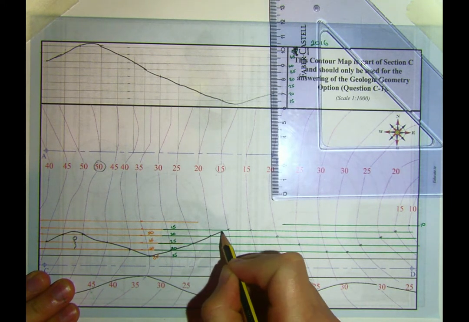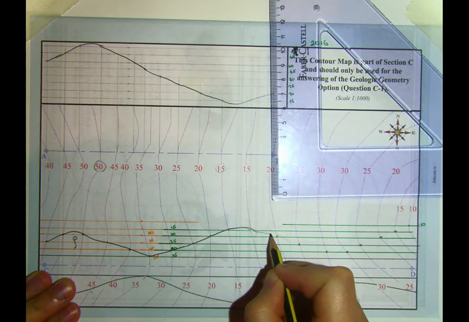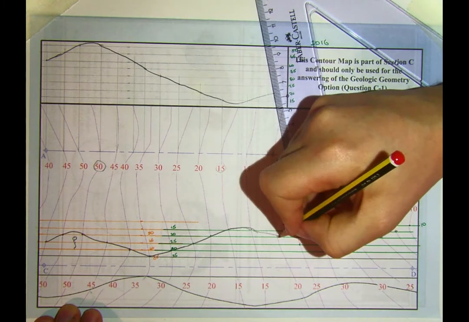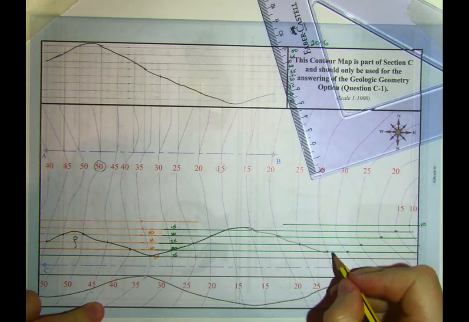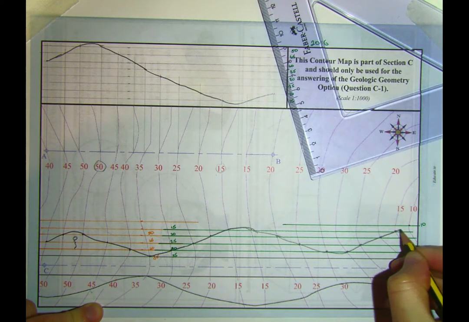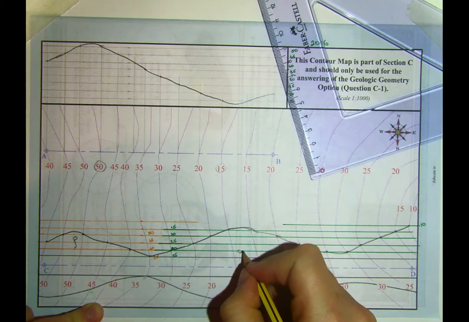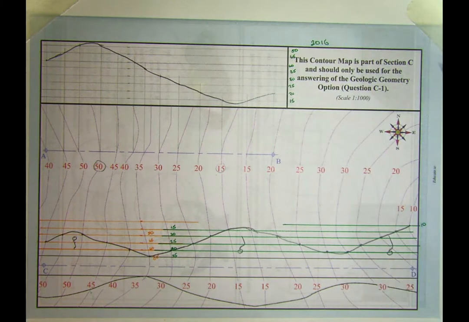Join up all the points, hitting each point. And that completes this question, 2016 Ordinary Level Question C1.